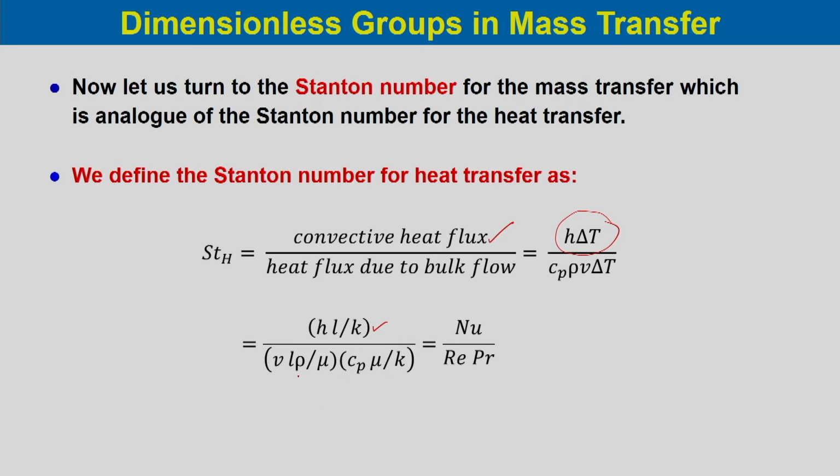So, this is represented in terms of the different dimensionless numbers we have studied, that is Nusselt number divided by Reynolds number into Prandtl number. So, the Stanton number can be defined with these dimensionless numbers.